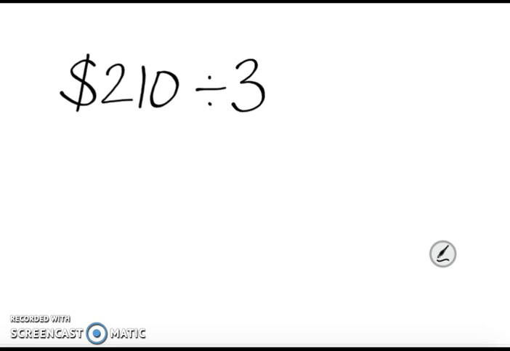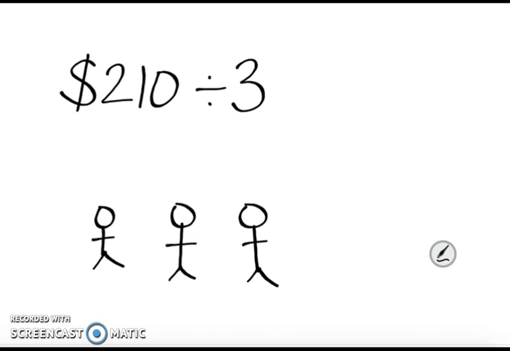So let's draw those 3 people. Okay, we got our 3 people. Now, each person, remember, is going to get an equal amount, but altogether it's going to be $210. Remember, dividing means splitting. That's why we're drawing 3 people, because we're splitting into 3.